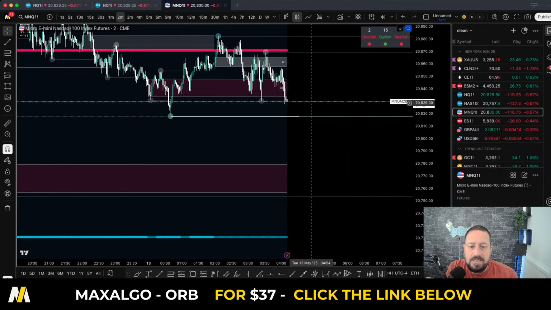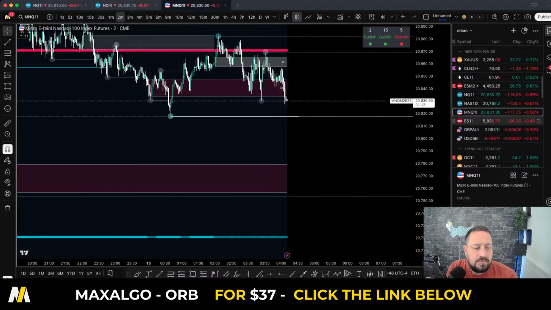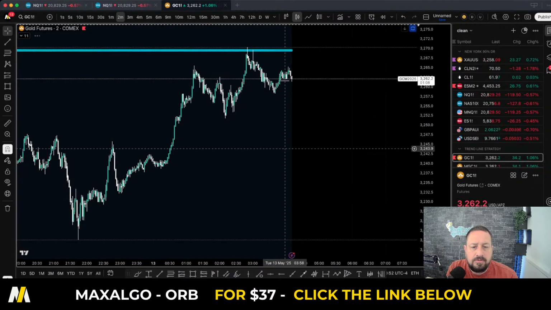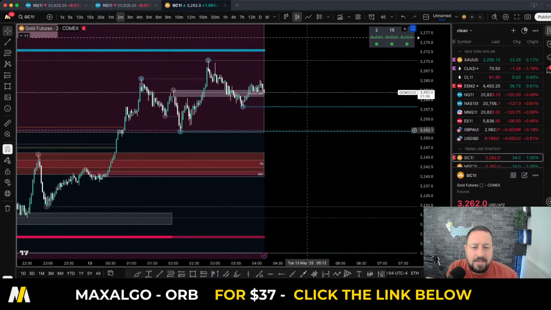Still not even close. We need to see even this one here, right, to get a close below. But we haven't seen that yet. Still just wicks. It'll be quick. So gold's come back into our 4 hour.